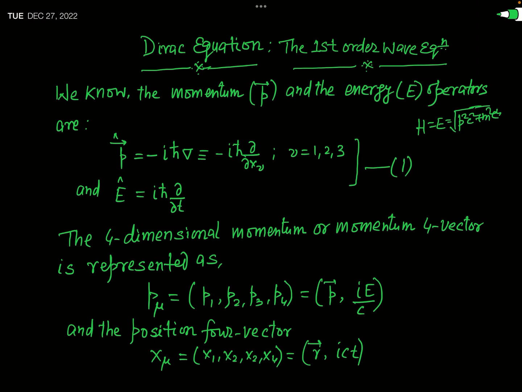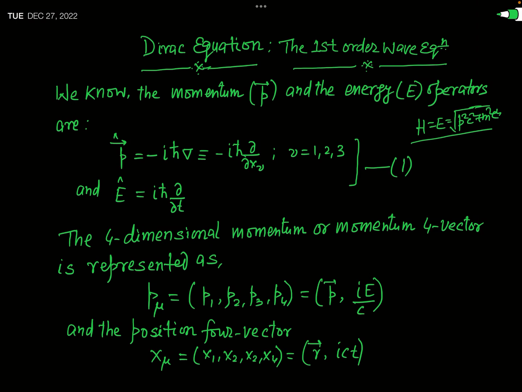This expression was used in the Klein-Gordon equation, and here you can see that this Hamiltonian, and hence this energy, is not a linear function of momentum p. That's why the KG equation was not invariant under the Lorentz transformation. So this was the problem.